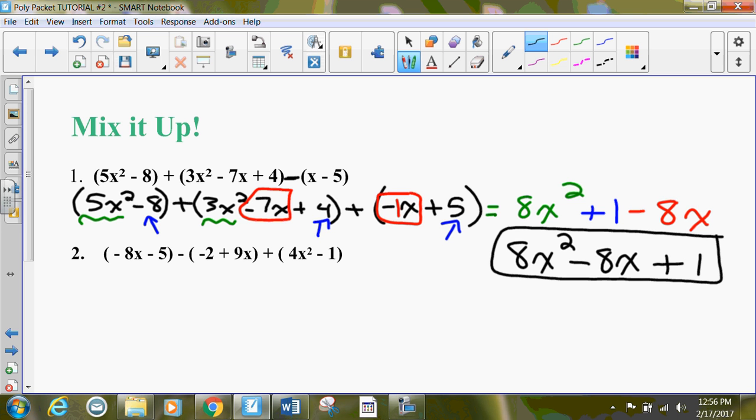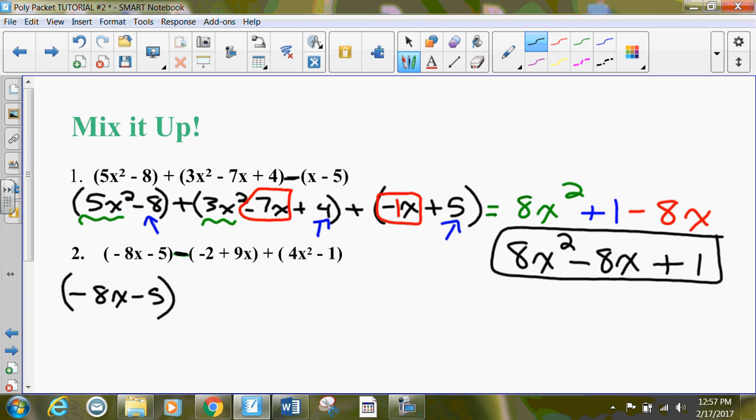All right, I'm going to do the same technique with the second one, just because I think it's the most straightforward way to teach it. If you can see some shortcuts, use them. But I want to give you something that can work no matter what. So here we go. I see this minus and I don't like it, so I'm going to rewrite it. This part stays the same.